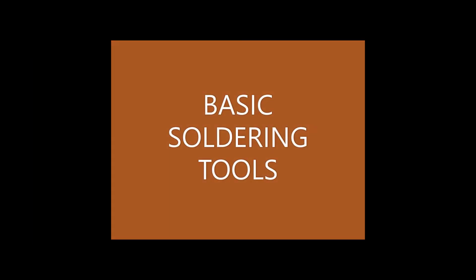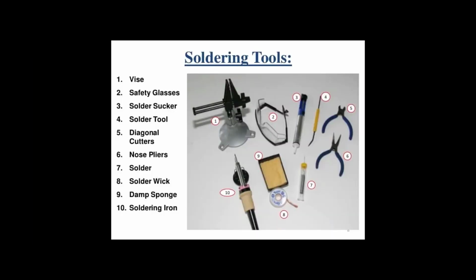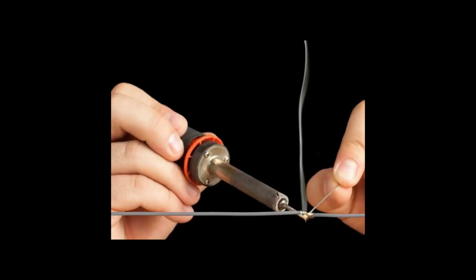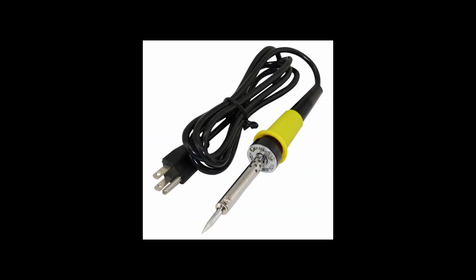Here is the image for basic soldering tools. What does the term soldering mean? Soldering is a joining process. It is used to join different types of metal together by melting solder. Look at this image. This is a soldering iron.